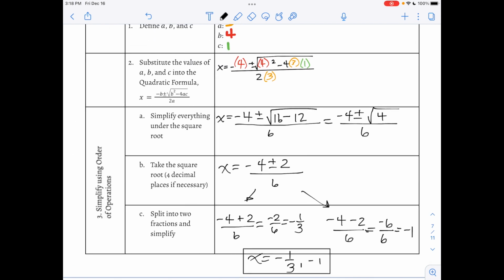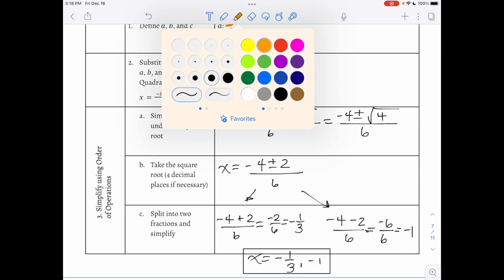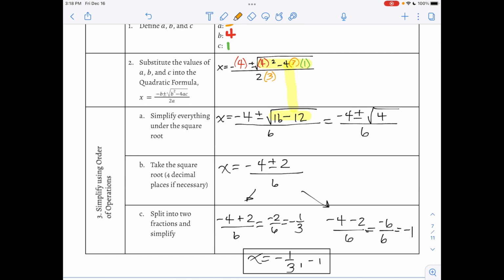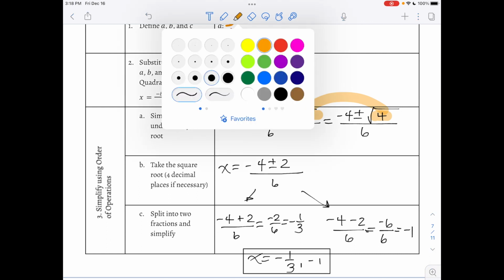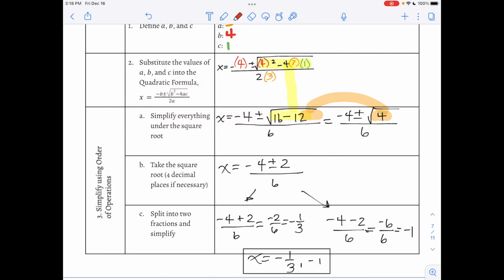So let's look at what changed in each step. I went from this to simplifying this. I then simplified this here. Then simplified this here.